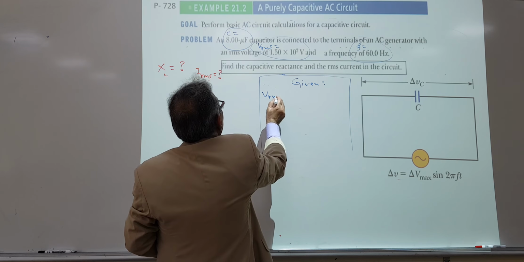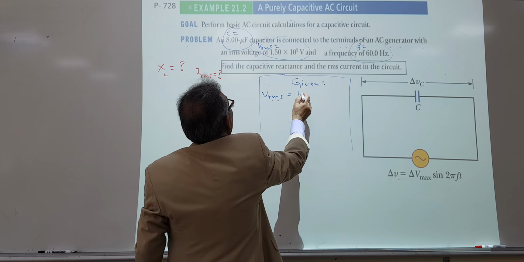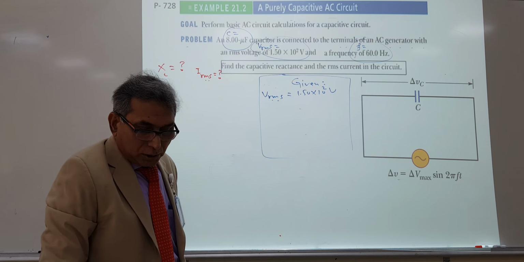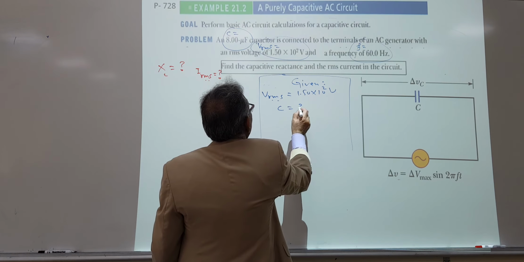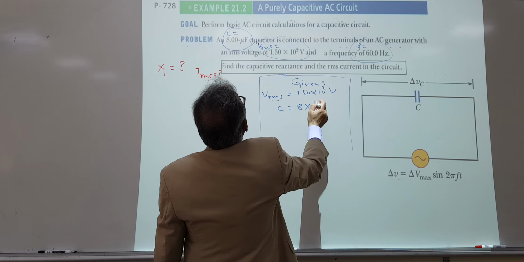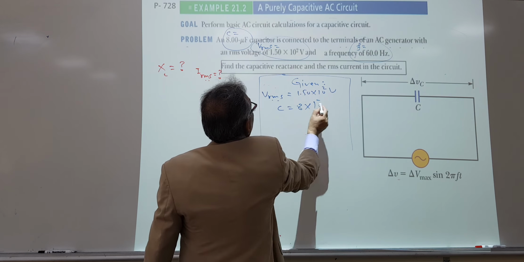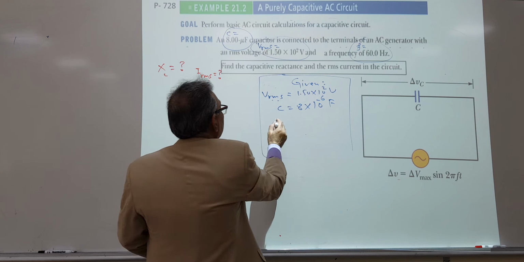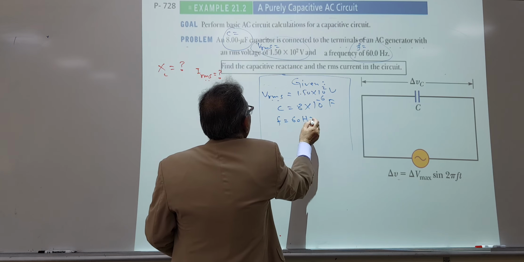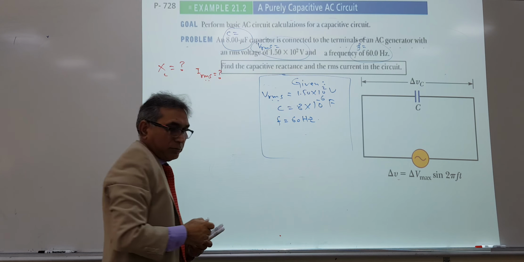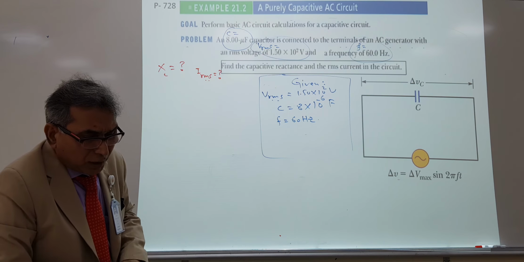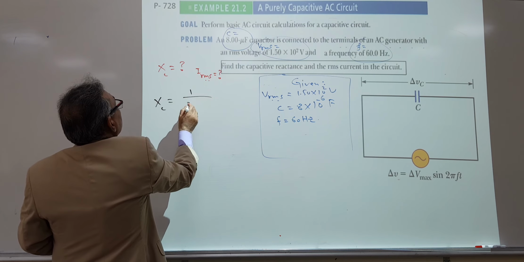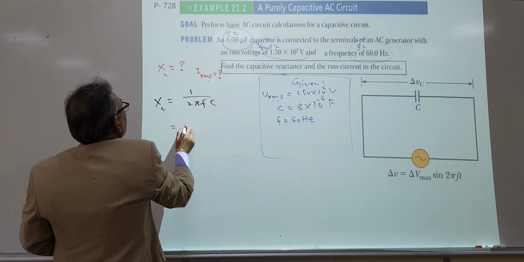V RMS is 1.50 × 10⁻² volt. Capacitance is given as 8 × 10⁻⁶ farad, and frequency 60 hertz. We know that Xc is equal to 1 over 2 pi f C.